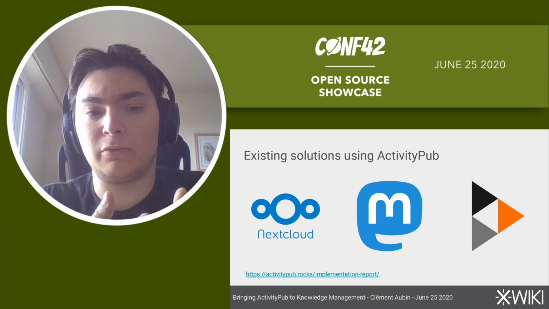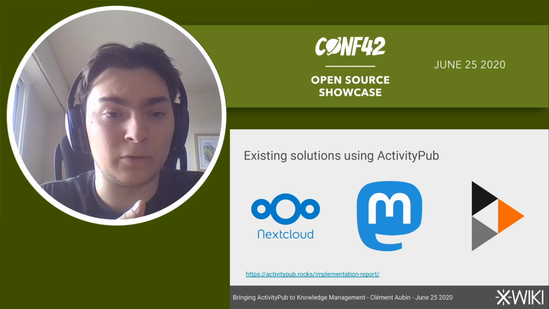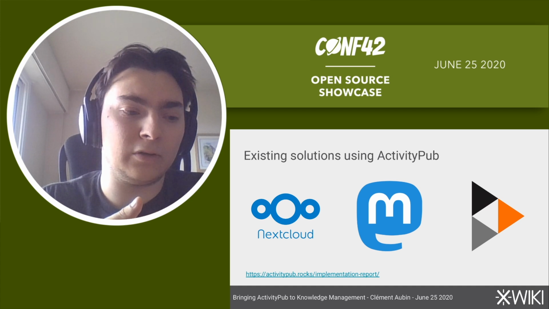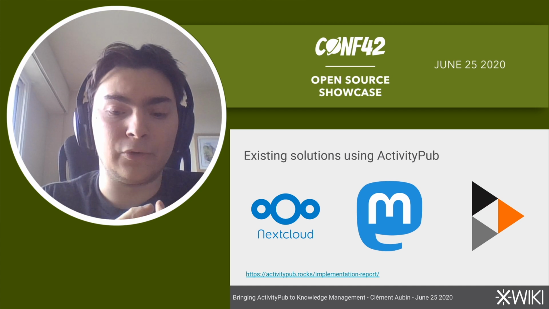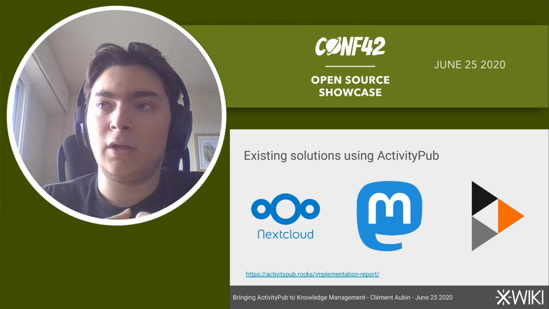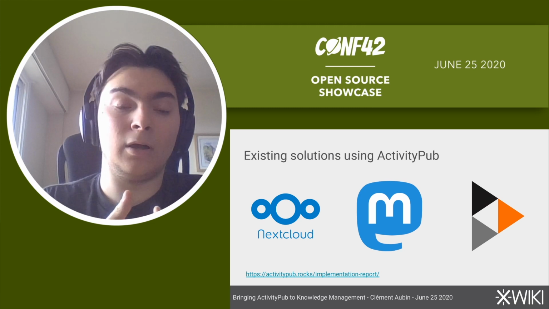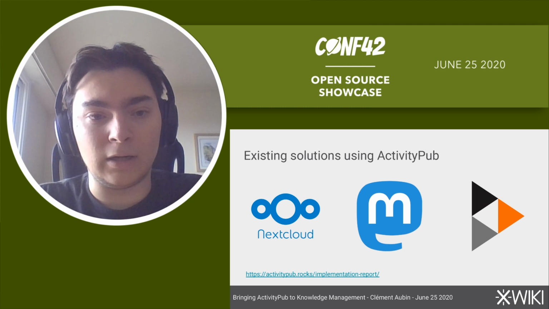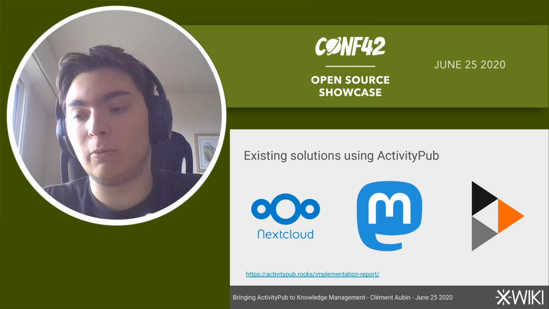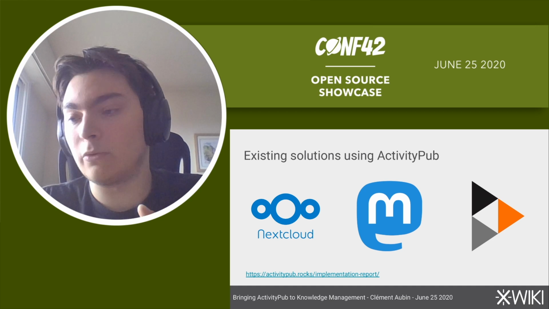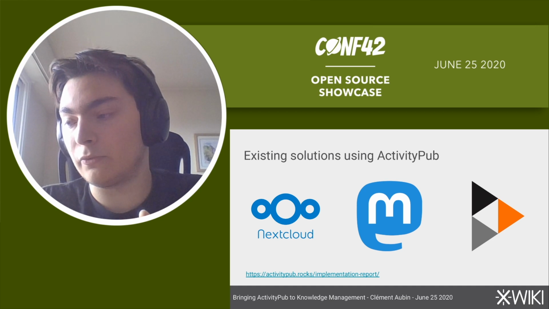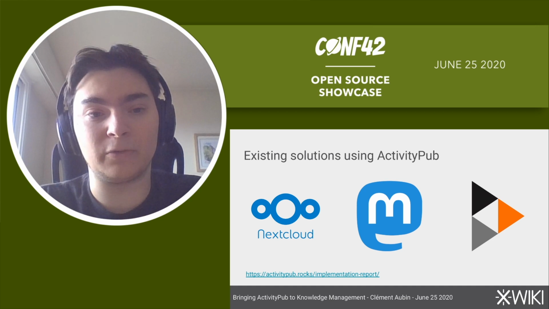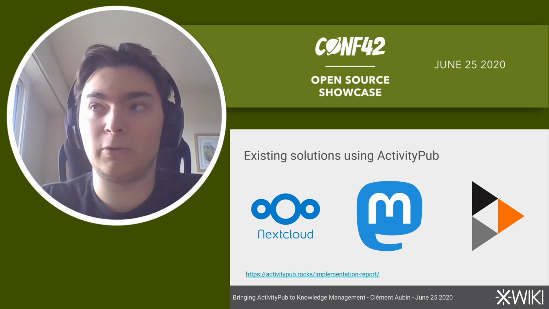It's quite interesting because it's one of the first actors related to document sharing that did that. We also have Mastodon, which is completely based on ActivityPub, and which uses the protocol really for its initial purpose, I would say, which is sharing messages between users.